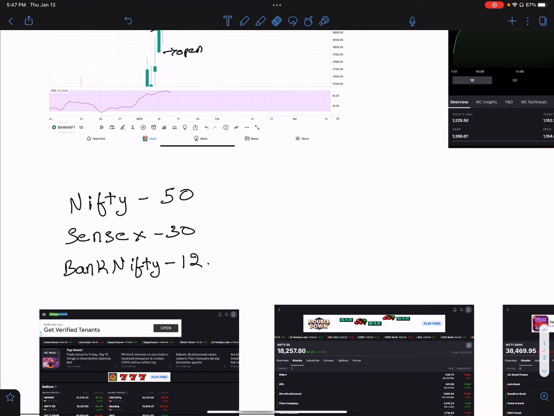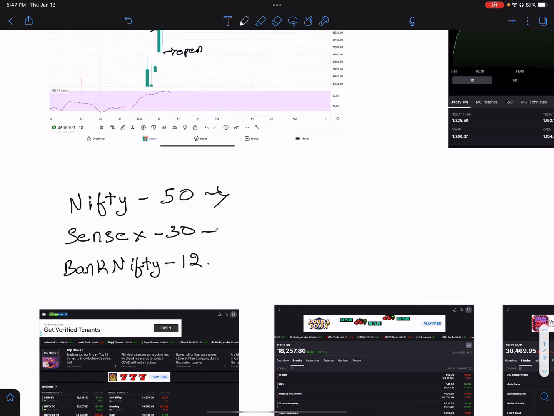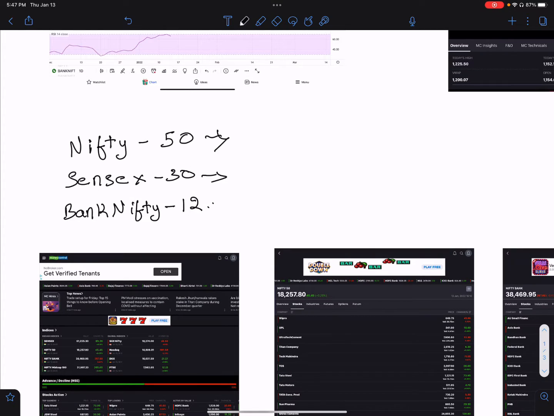So indices are known as a summation or average of all the major stocks. Like Nifty: Nifty is a summation of the top 50 stocks in NSE, the National Stock Exchange of India. And Sensex is a summation of the top 30 stocks in BSE, the Bombay Stock Exchange. And Bank Nifty, my favorite, is a summation of the top 12 banking stocks.